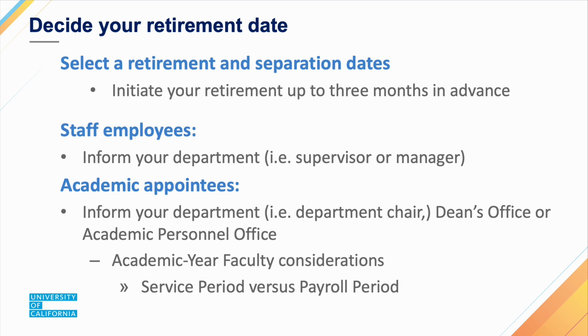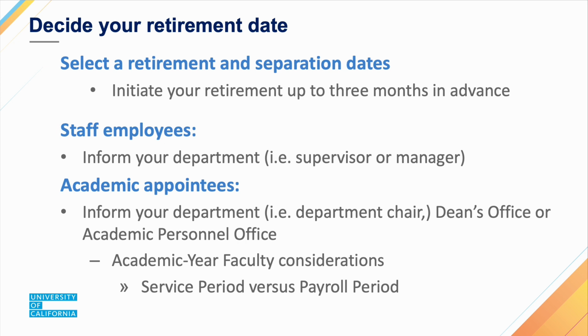can differ from the payroll period, meaning that for a fall quarter academic year faculty member, the payroll period for fall quarter more or less runs from July through October, whereas the service period on the quarter schedule runs, more or less, late September to December. So there are distinct differences between the service period and the payroll period.